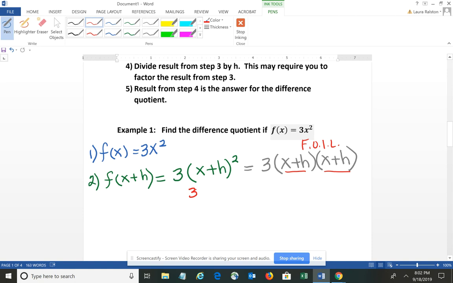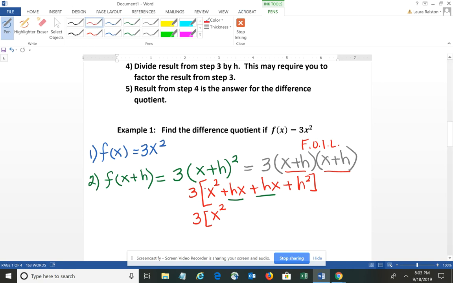So I have x times x is x squared, x times h is plus hx, h times x is plus hx, and then h times h is h squared. So I can simplify a little bit there inside the parentheses because I have x squared, and then hopefully you notice you have 1hx plus 1hx, which would be 2hx.